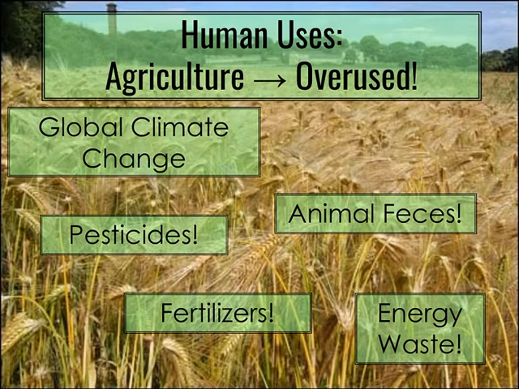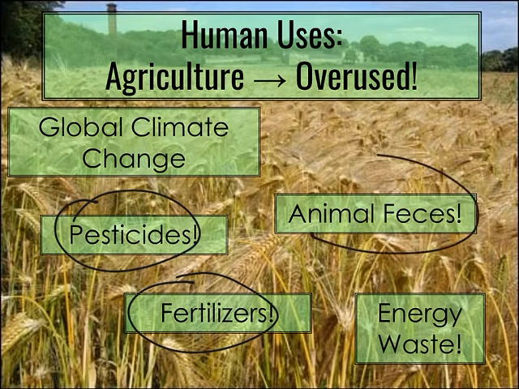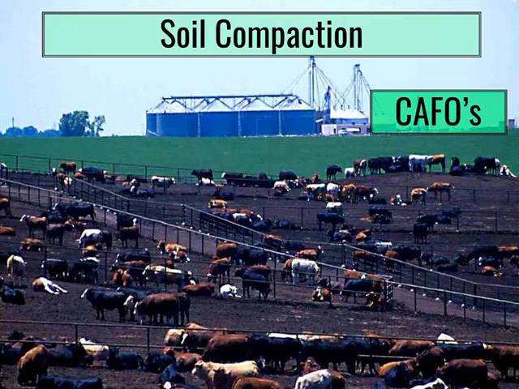There's a lot of different things that we add to the environment or manipulate the environment in a way that is not very sustainable. In the temperate grasslands, think of Kansas and Nebraska, the mid-latitude locations on our planet, agriculture is going to be a very big practice, often along with CAFOs.